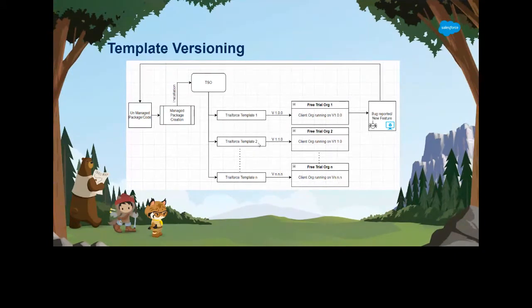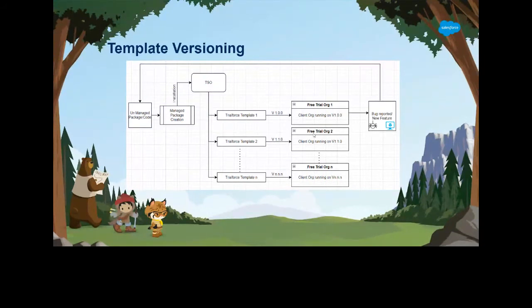Now you create a template two out of this upgraded org. This template two will be used to create a free trial org two, and in this free trial org you onboard your clients, your pilot customers and all those folks, to explore your application.